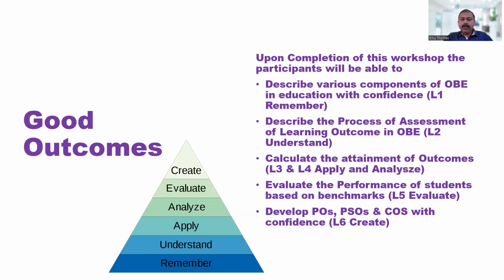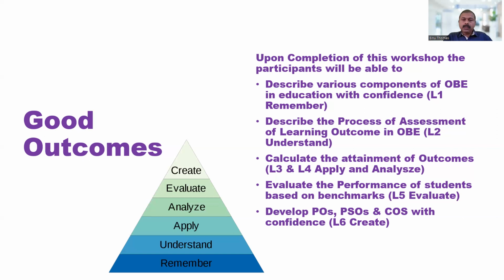And if I say you will be able to evaluate the performance of students, you are reaching the top layers of Bloom's taxonomy, as you are able to evaluate performance based on the OBE framework. And finally, suppose I keep my outcome like this: upon completion, you will be able to develop your program outcomes, program specific outcomes, and course outcomes with confidence. You are reaching the topmost level of Bloom's taxonomy.